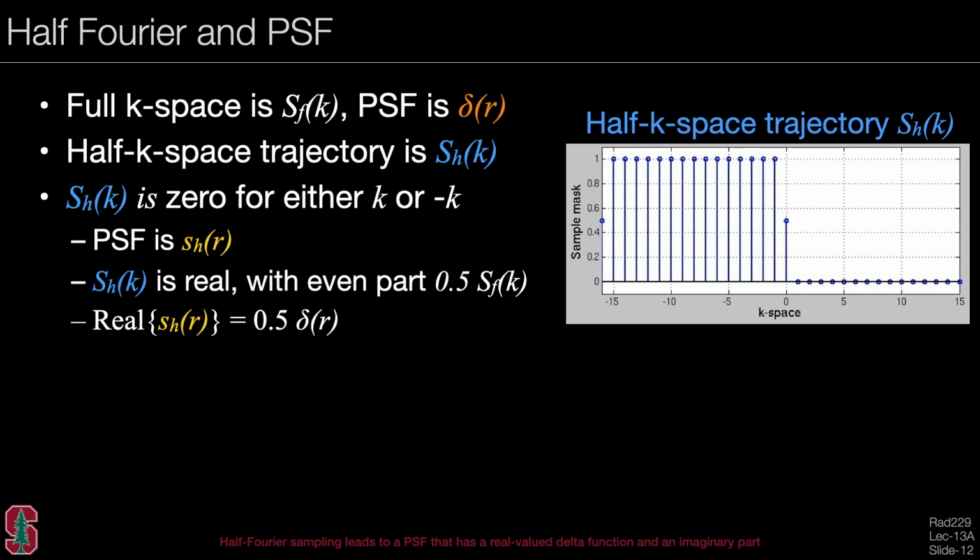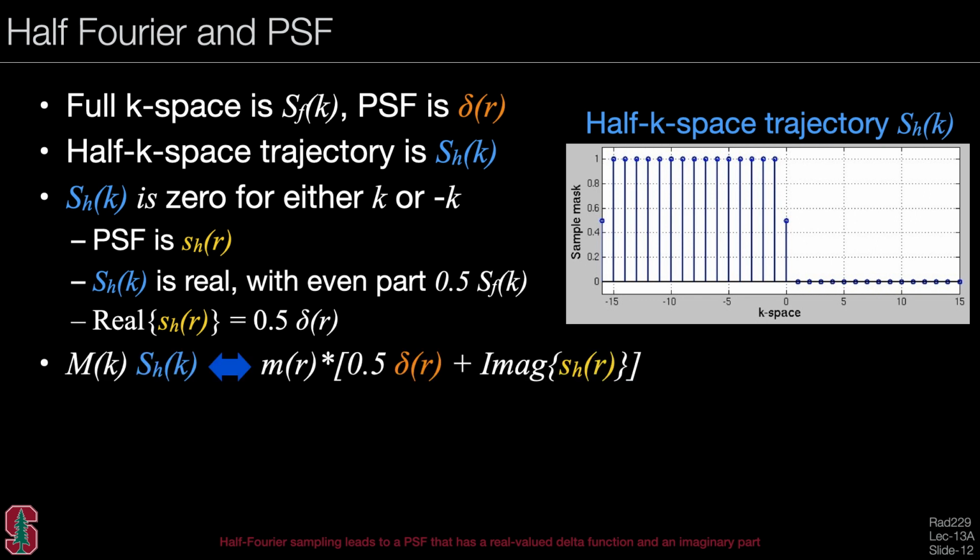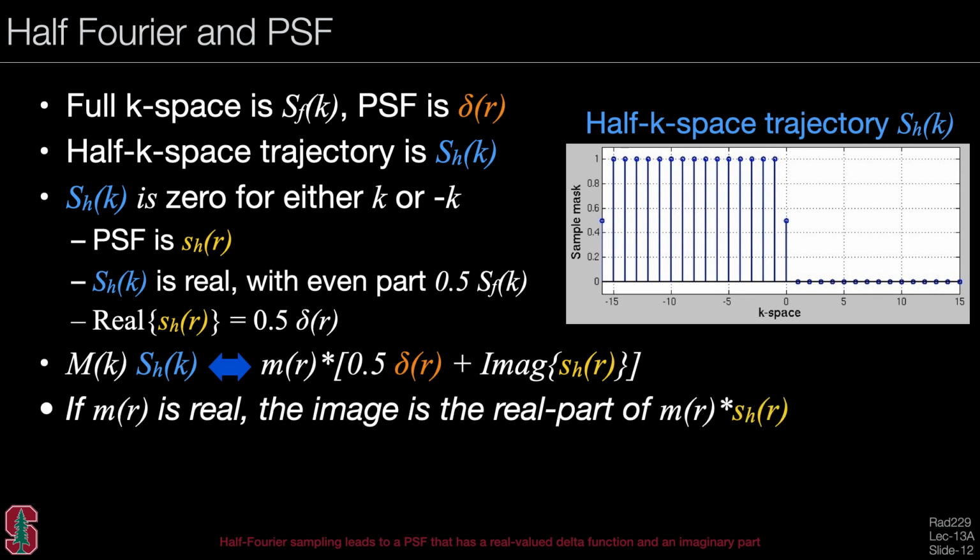This means that the real part of the point spread function is 0.5 times the delta function. If we take a magnetization of k multiplied by the sampling pattern, we can Fourier transform this, and we will get the magnetization of r convolved with the overall point spread function, and this has a real component, which is 0.5 times the delta function, plus some imaginary component. And then, if the magnetization is real valued, then the image is simply the real part of this convolution.